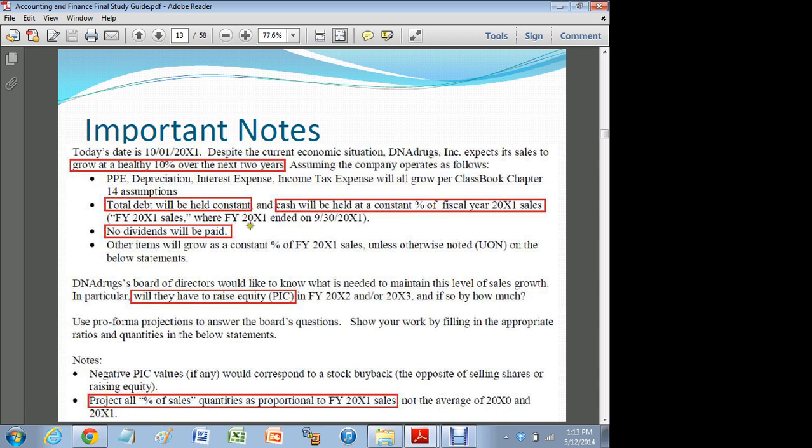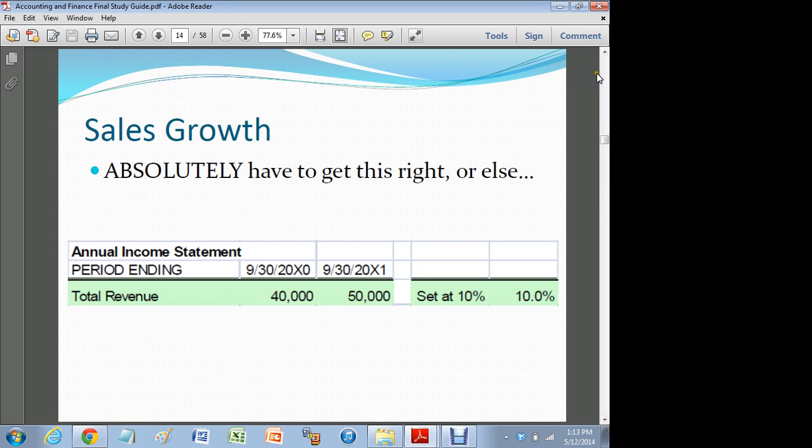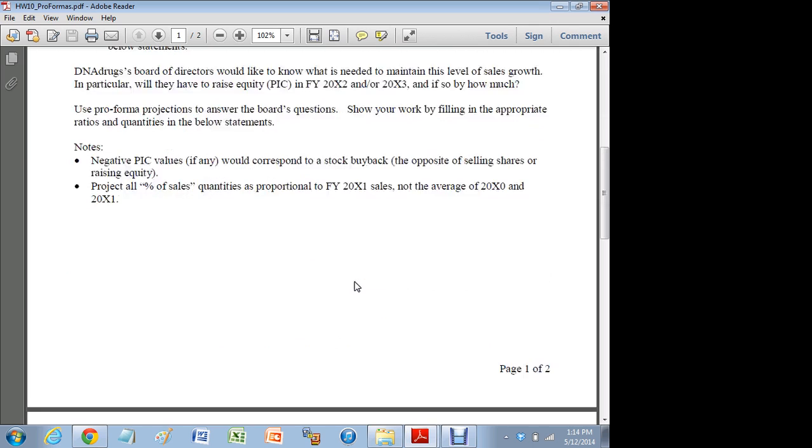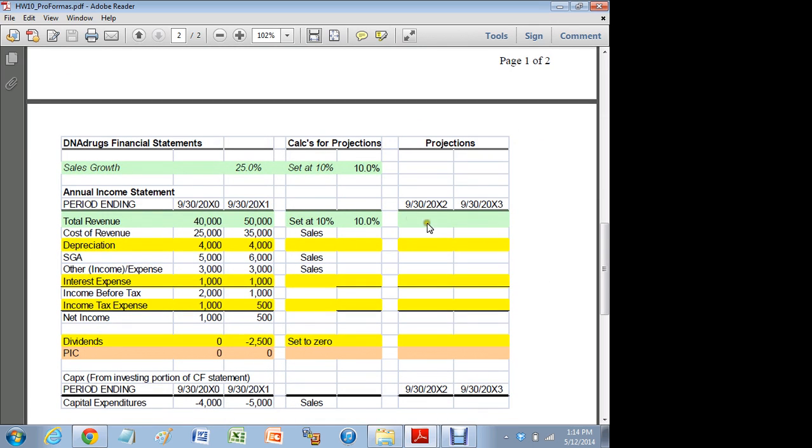So this is what you start out with when we do these examples. The first thing we do with these projections is the sales growth, because without this number, none of the other numbers would be correct. A lot of the other numbers use this new number to project. So it's the total revenue for the next period.